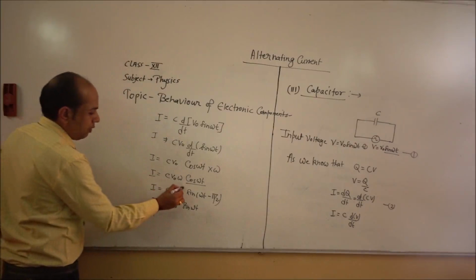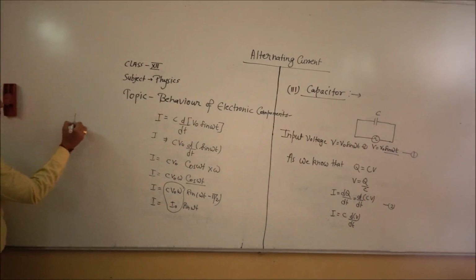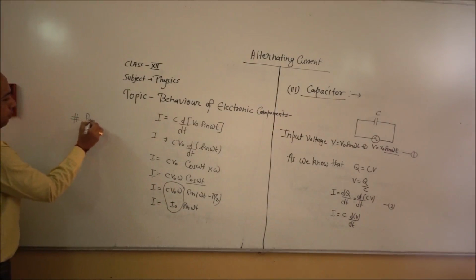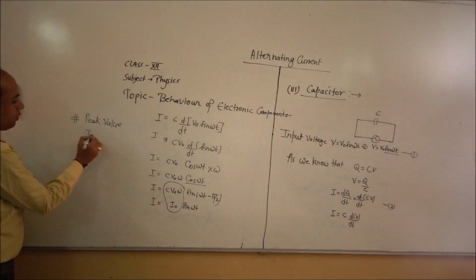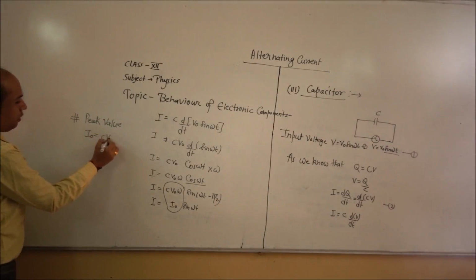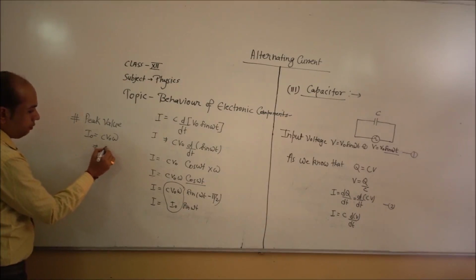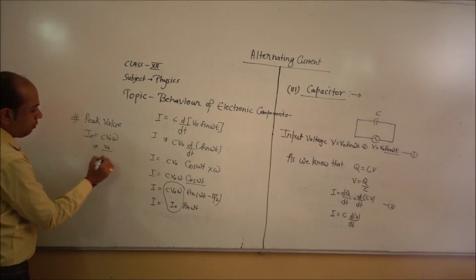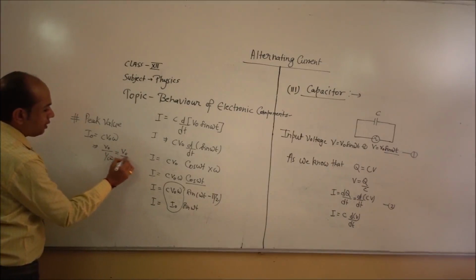I is equal to I naught sin of omega t. So what we see, peak value: I naught is equal to C V naught omega. So this is V naught by 1 by C omega, and here 1 by C omega is known as XC.